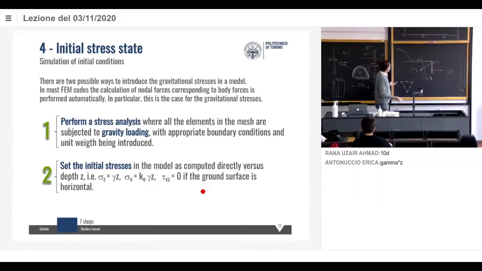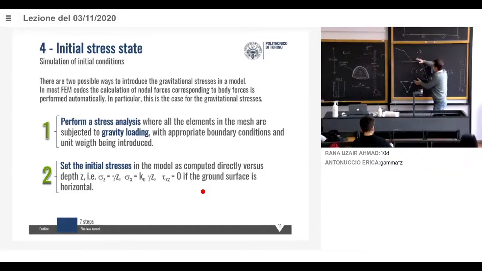So what do we do? Well, we make a model without any construction, the initial condition. We assign the material properties, the unit weight to each element. We apply gravity to the model. So we say, look, you are on Earth, you need to use g. And we compute.